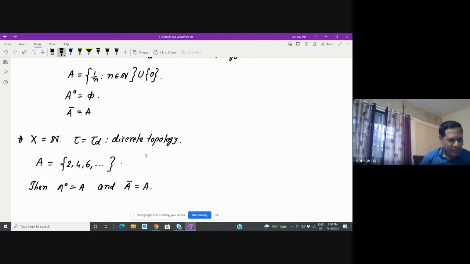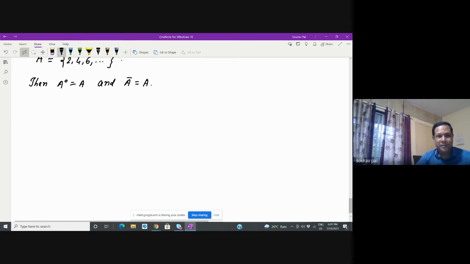Yes. So you have some knowledge about the interior and the closure. So what are the limit points of this set, union with, say, another set?